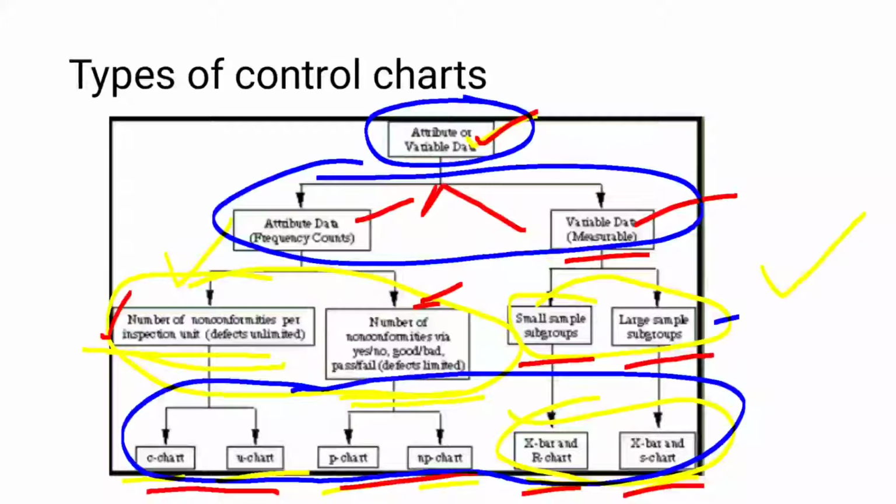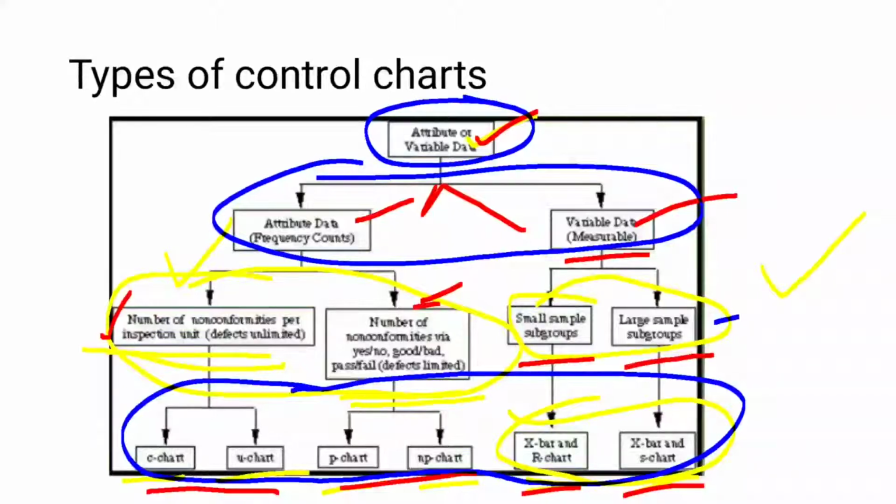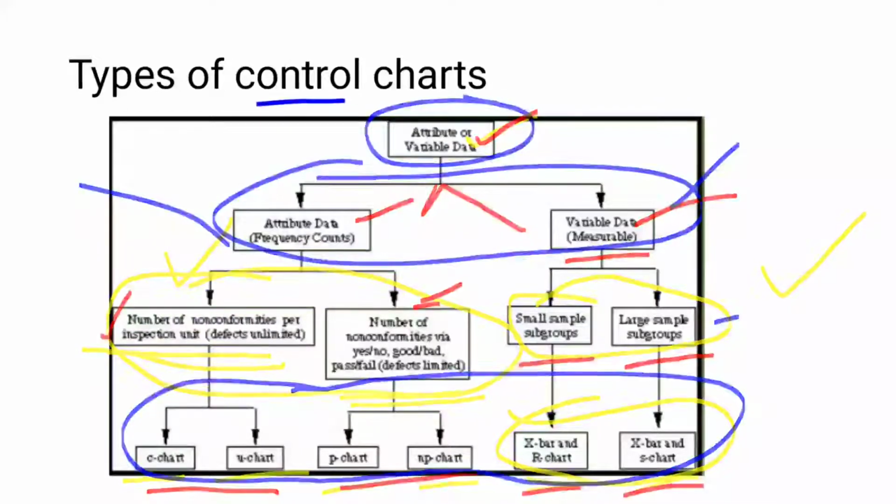As shown, control charts can be divided into two main categories, namely control charts for variables and control charts for attributes. The first one is attribute, whereas the second one is variable. So these are the two main types in which control charts are divided.